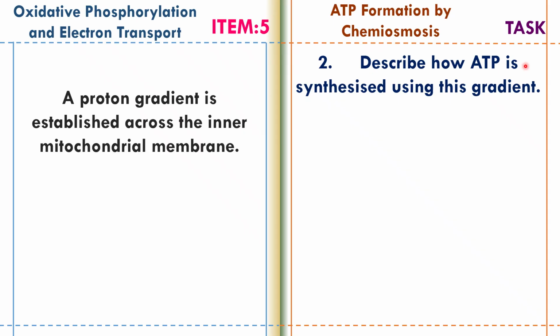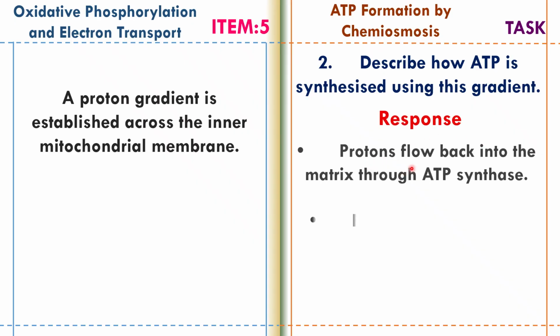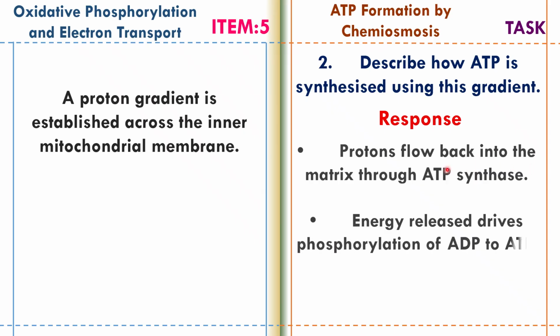Describe how ATP is synthesized using this gradient. Protons flow back into the matrix through ATP synthase. Energy released drives phosphorylation of ADP to ATP. This process is called chemiosmosis.